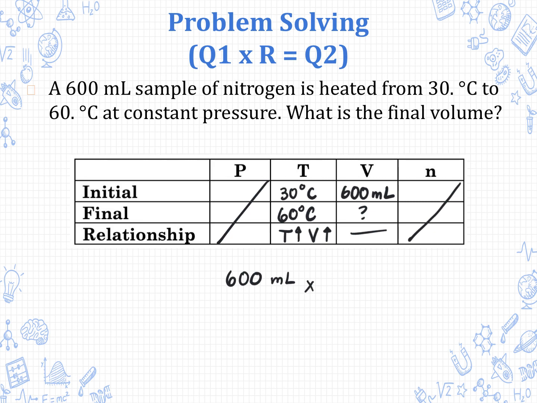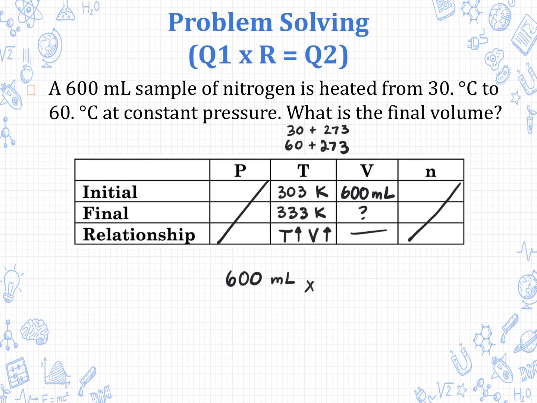So before you do anything else on a gas problem that involves temperature, you need to convert from degrees Celsius into Kelvin by adding 273. So 30 plus 273 is 303 Kelvin, and 60 plus 273 is 333 Kelvin.